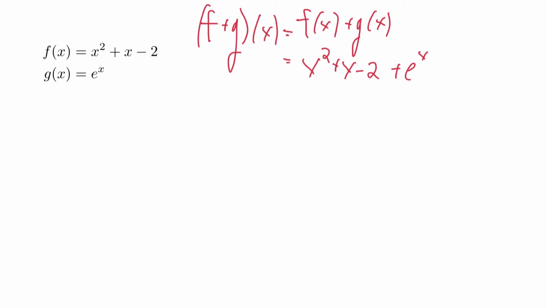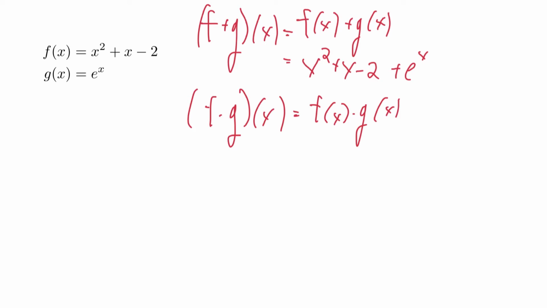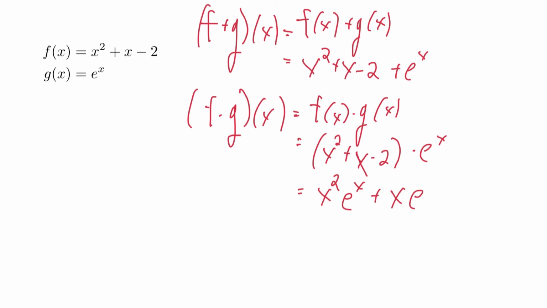Nothing else I can really simplify. f times g of x is f of x times g of x. So x squared plus x minus 2 times e to the x. If you like, you could distribute this.